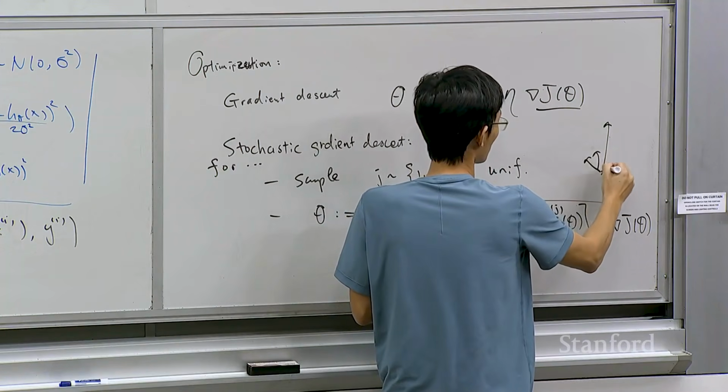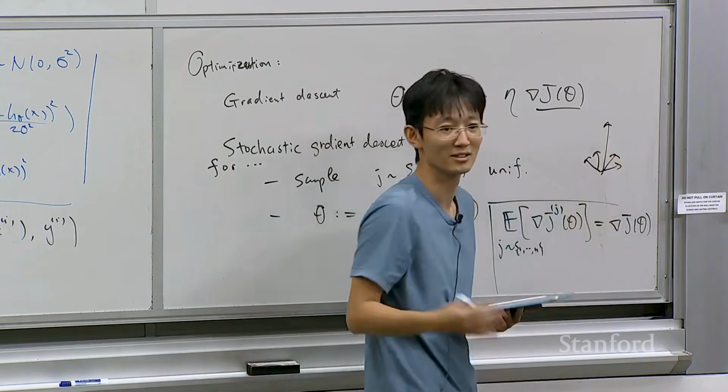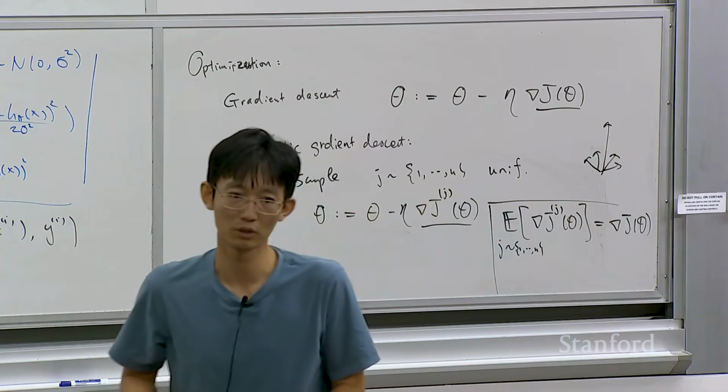It can be in any direction, but if you average out all the possibilities, you get the original direction you want to go.